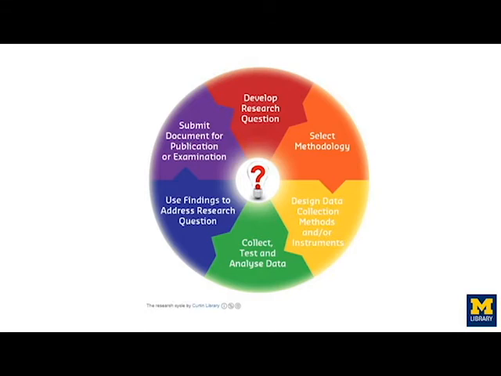So the yellow part there, and the orange part, the red, orange, and yellow, those are the parts where we're talking about searching of the scholarly literature. The green, analyzing, the blue, the addressing of the questions, and the purple, submitting and documentation, those are steps that come throughout the process.